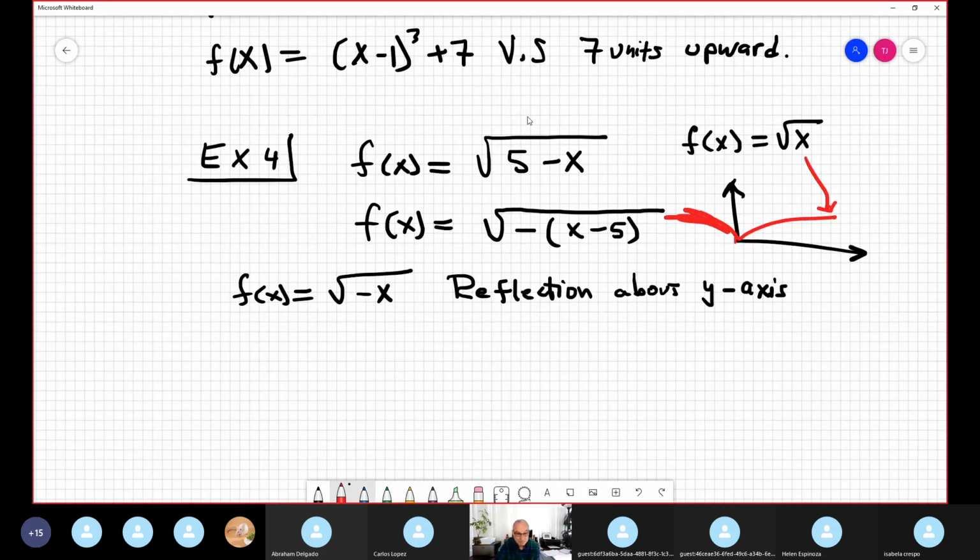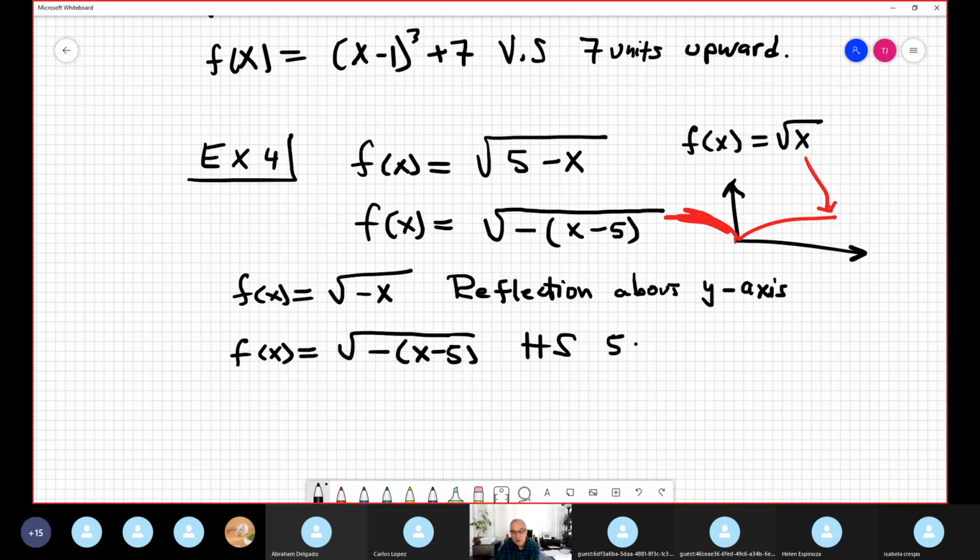Now after that I can see the other part, x minus 5. And x minus 5 is obviously a horizontal shift, 5 units to the right. Because I know that when it's negative, it's to the right. Okay, do you understand a little bit or no?